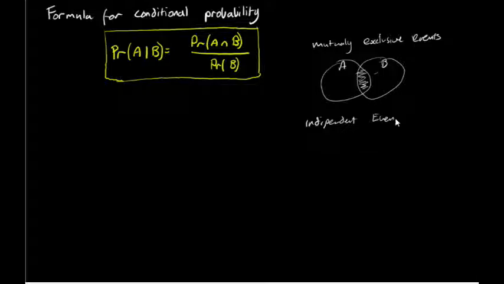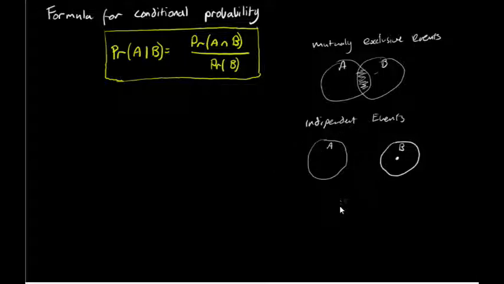But for independent events, where we have A and B separated, if we chose B, what's the probability that we have A given that we've chosen something from B? Well, it's actually impossible to choose anything from A if we've already chosen from B, because there's no intersection.